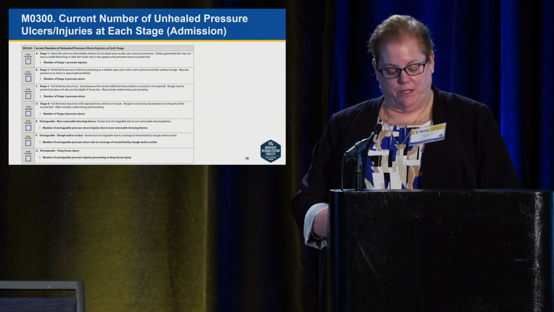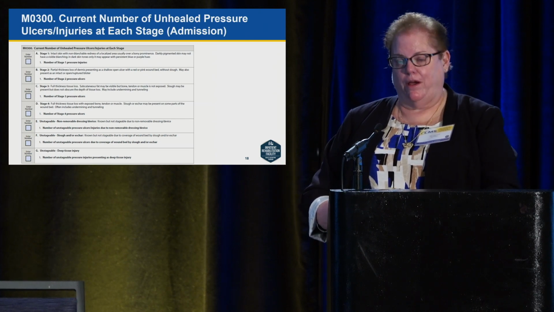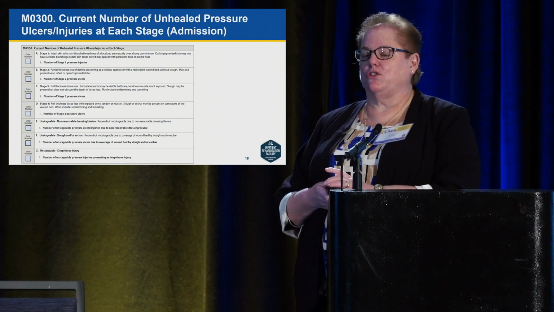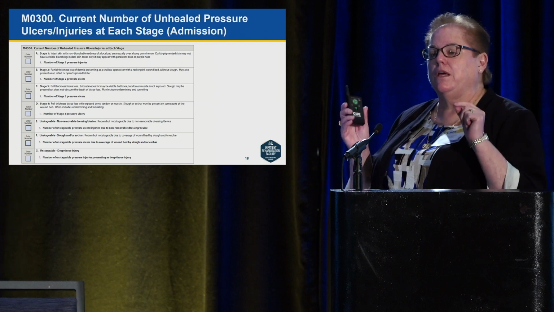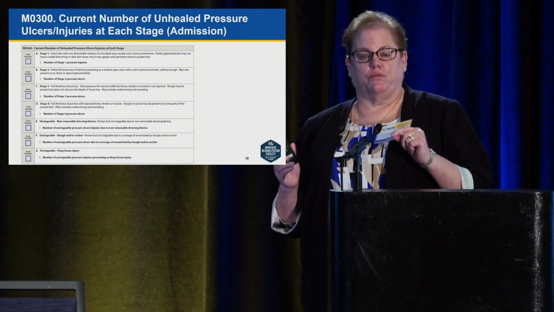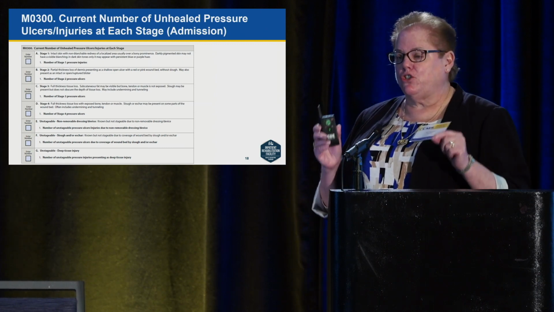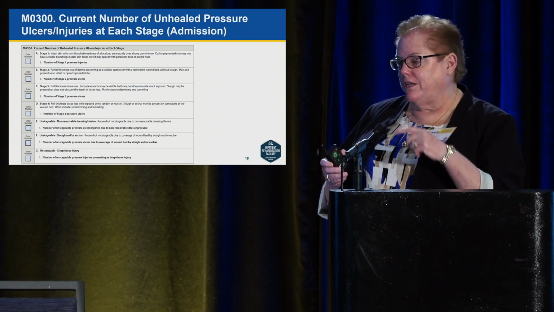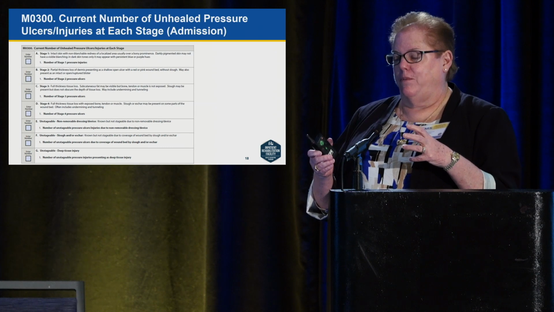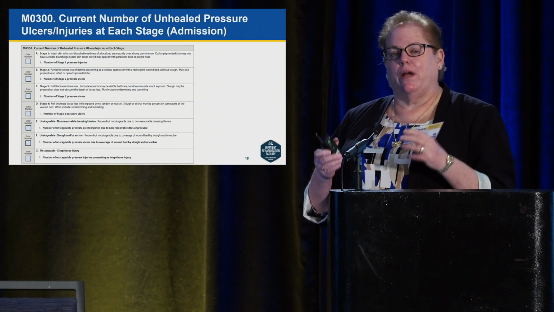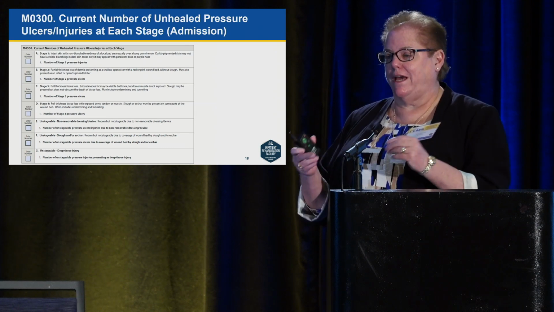What we have found sometimes is that a staff member did a skin assessment and staged something as a stage 2. This is a very classic one. They staged it as a stage 2 pressure ulcer, but they described this wound, they measured it, and they described it as having yellow slough on it. And we all know as clinicians, or we should know, a stage 2 pressure ulcer can't have slough.